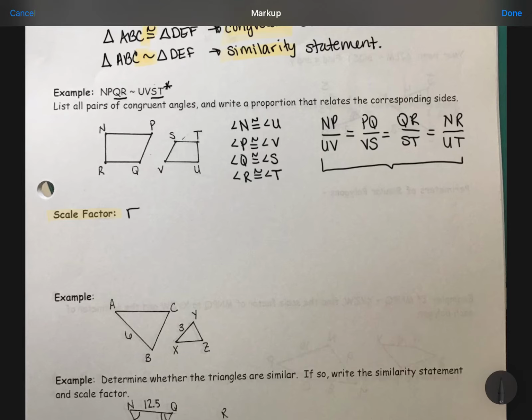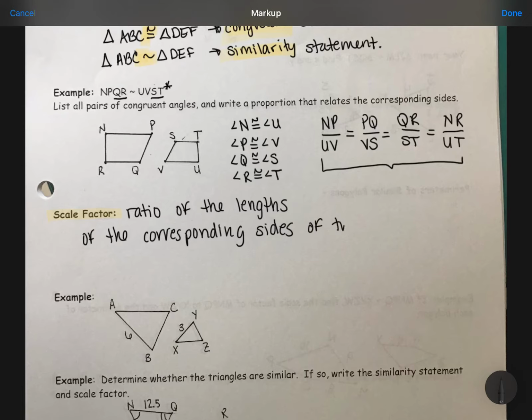All right, so this is a ratio of the lengths of the corresponding sides of two similar polygons. So basically, after you've set up your proportion of your corresponding sides, any one of those ratios, you can reduce it and it would give you the scale factor.